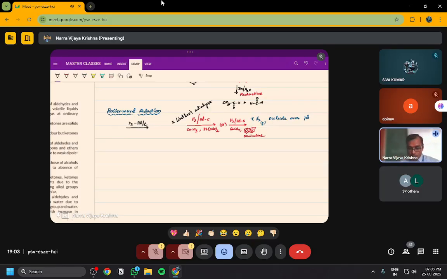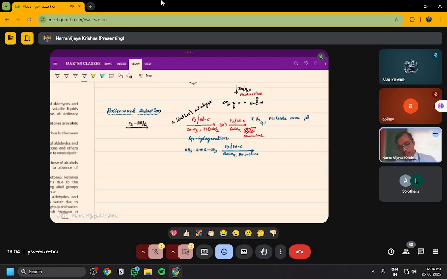What is the specialty of Lindlar's catalyst? It shows syn hydrogenation, addition of H2 from the same side. That is called syn hydrogenation. For example, if I take CH3, C triple bond C, CH3 in presence of hydrogen, palladized carbon, barium sulfate or sulfur, in presence of quinoline.